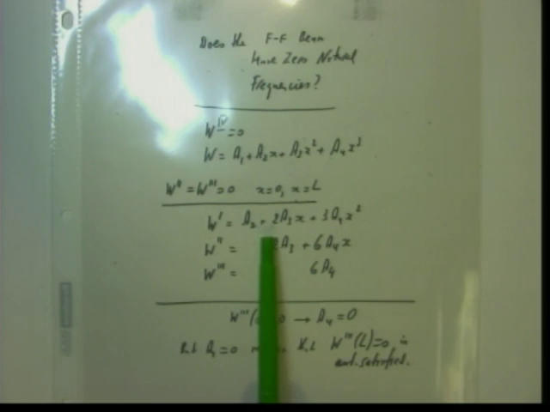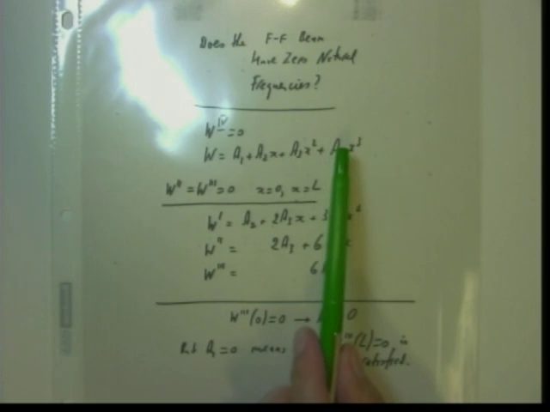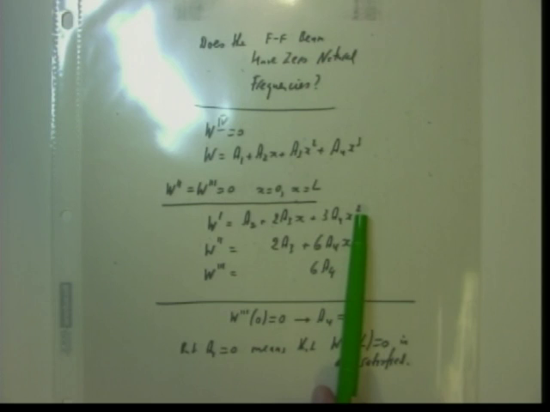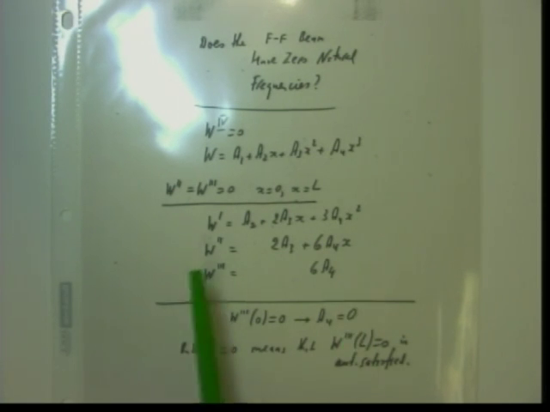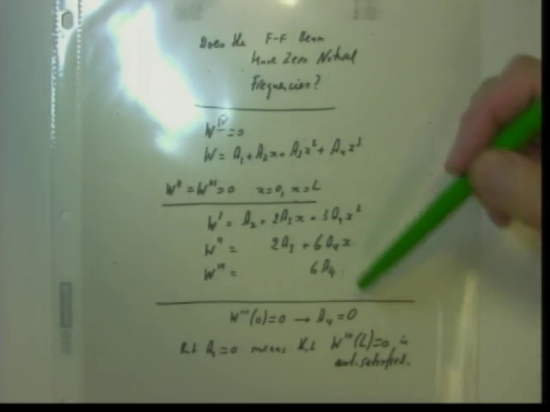It will be a2 plus 2 times a3x plus, from x cubed, 3 times a4x squared. Then I differentiate again. W second derivative will be 2 times a3 from this term plus 6 times a4x. And I differentiate once again. I am getting third derivative equals 6 times a4.